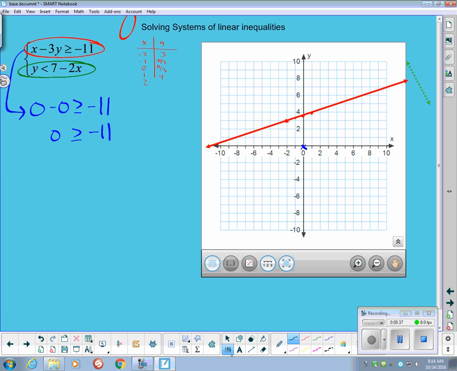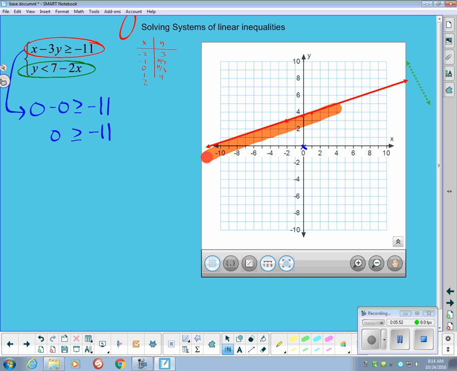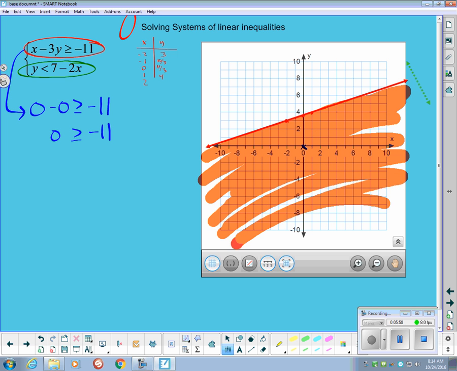I'm going to grab the highlighter here to shade with, and I don't have a red option so much in that. Maybe I do. I'll grab a reddish color highlighter and shade below. Okay, we get the idea of where that's shading.